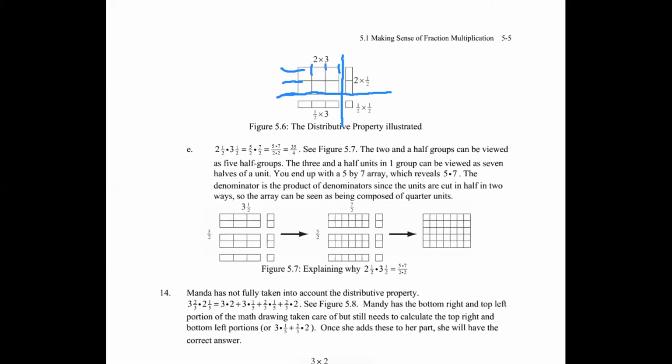And so if you look back at our previous drawing, we split this the same way, so that in one quadrant you can see the 2 times 3, the 2 times 1/2, the 1/2 times 3, and the 1/2 times 1/2. And generally I label these in order to match them up with my partial products.